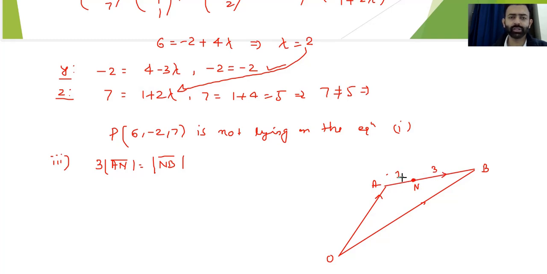So I will call this as 1 unit, and the distance from N to B is 3 units, right? And we do not know the vector AN and we do not know the vector NB.